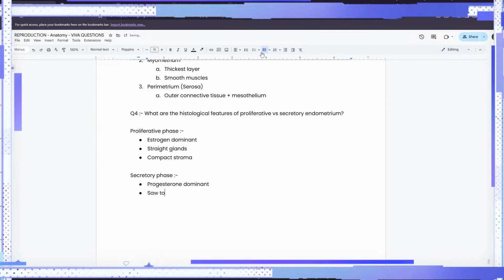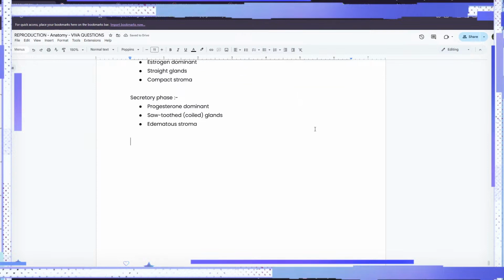It has saw-toothed, coiled glands, and an edematous stroma. Fair enough. Very, very simple description. No need to go into a lot of detail on that one. There's no point, right?